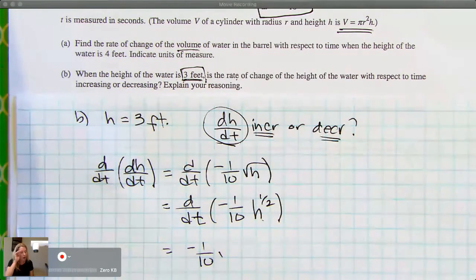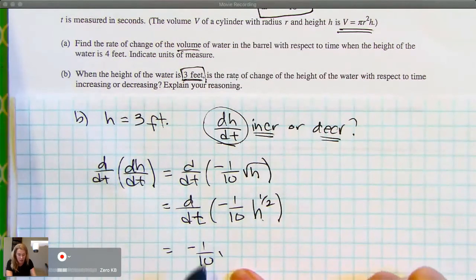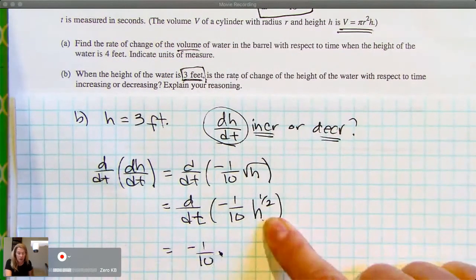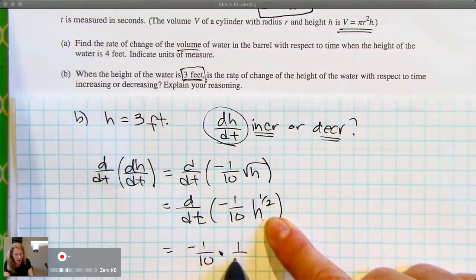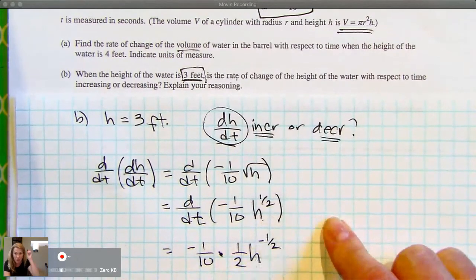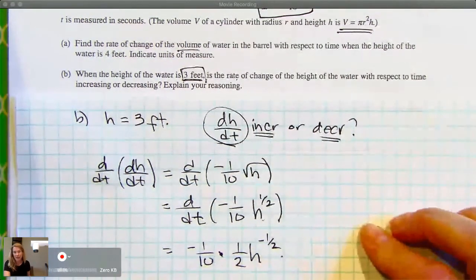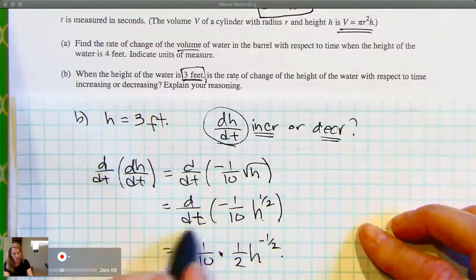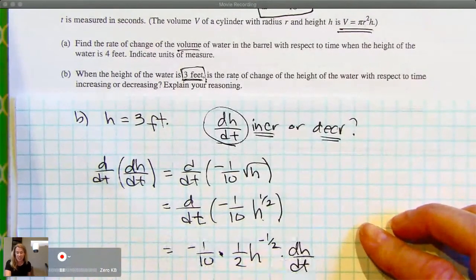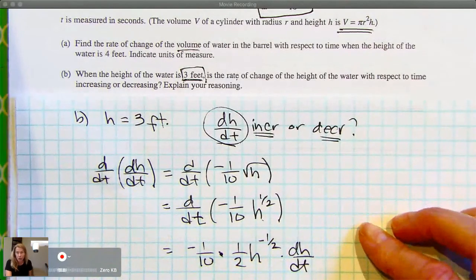So what we're looking at is the constant stays there. Of course, we've got h to the 1/2 power, which means 1/2 h to the -1/2 power. And because we're doing implicit differentiation with respect to time, we've got that dH/dt tagged on the end there. I'm just trying to figure out whether this particular value is increasing or decreasing.